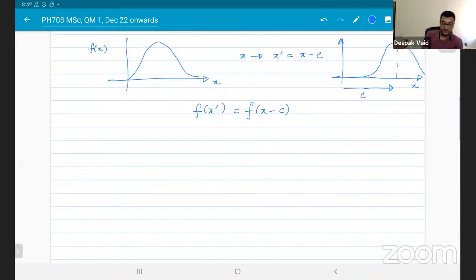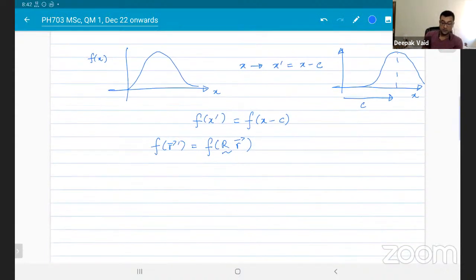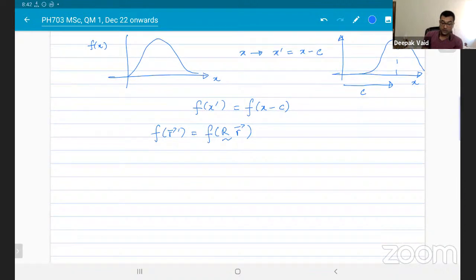So it is exactly the same thing that is happening. f of r prime is equal to f of this matrix R acting on r, right? This is your transformed coordinate. Now, I want to ask what is the effect of this transformation.